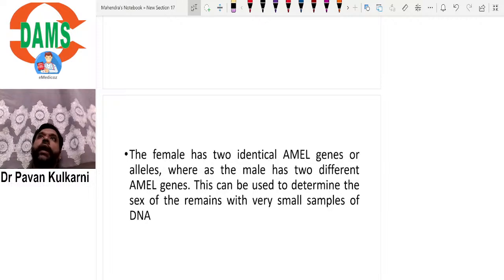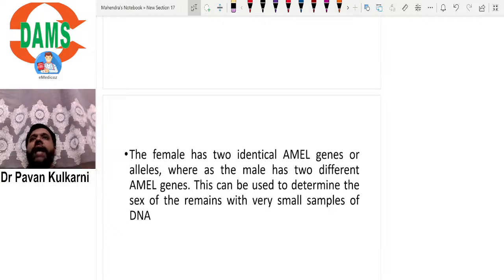So how to remember this? It becomes a bit complicated, right? I'll tell you a simple method. What is the sex chromosome that you see in females? XX. What is the chromosome that you see in males? XY. So similarly, in females, both are X, so the Amel gene also has two identical alleles.